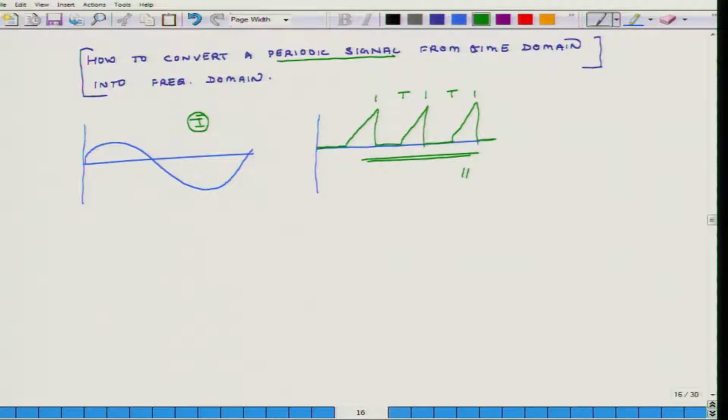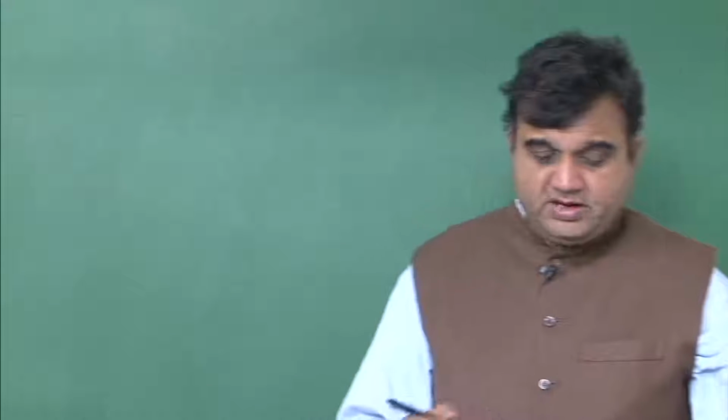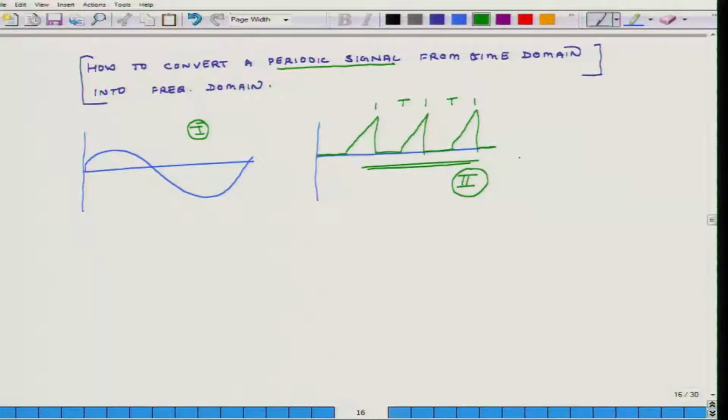So our problem is how to convert especially this type 2 signal into a sum of sines and cosines, because then I have the amplitude of each sine and cosine term and the phase, and I can plot them on an amplitude plot and a phase plot.